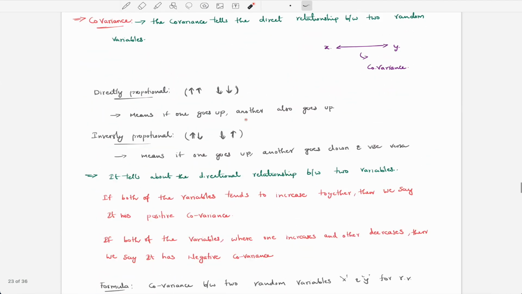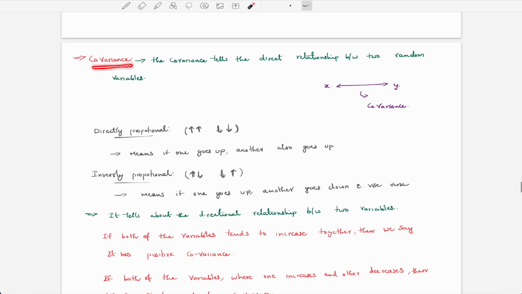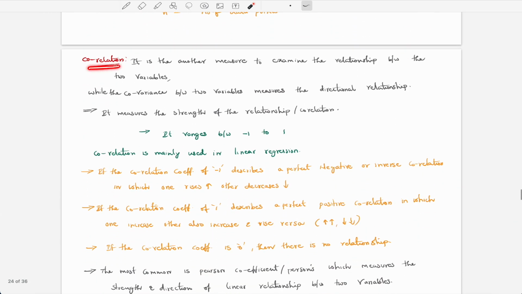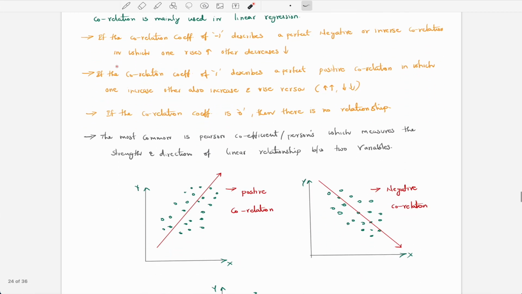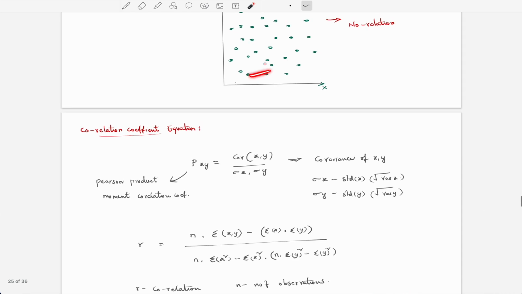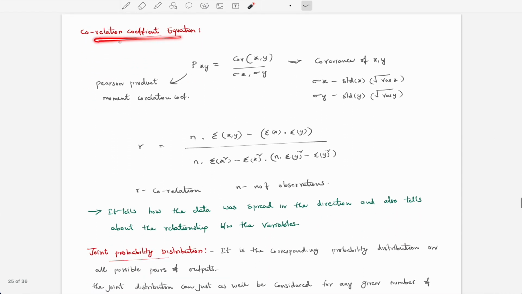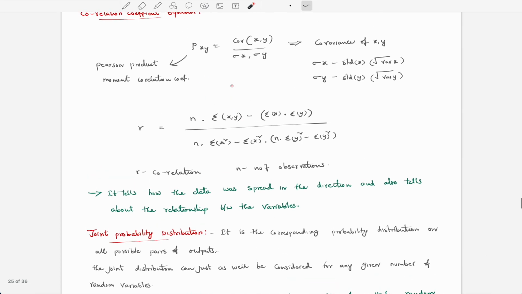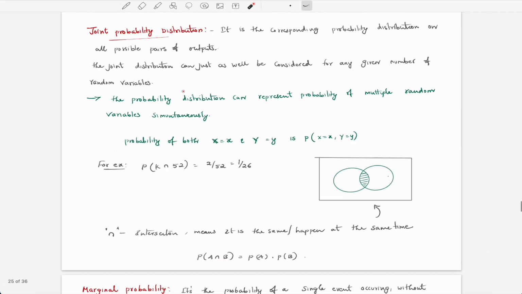I just want to recapitulate what I have said before. We have seen covariance, which tells the direct relationship between two random variables. Correlation tells how strong that relationship is. We have seen positive correlation, negative correlation, and no relation at all. We also saw the correlation coefficient equation, how to find it and how to interpret the strength of the correlation.